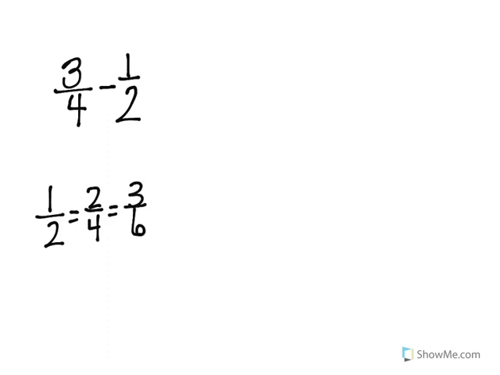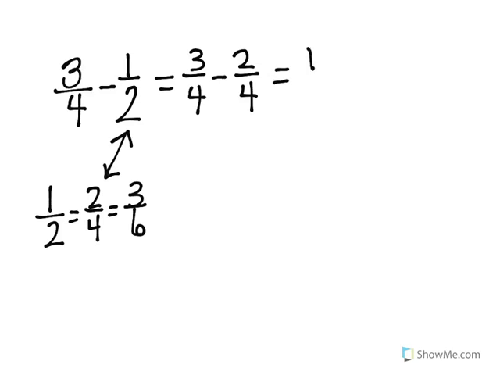All of those equal half of an object. So this is the same as 3/4 minus 2/4. I can substitute. I can put this 2/4 in for the 1/2. So 3/4 minus 1/2 is going to equal 1/4 of an item.